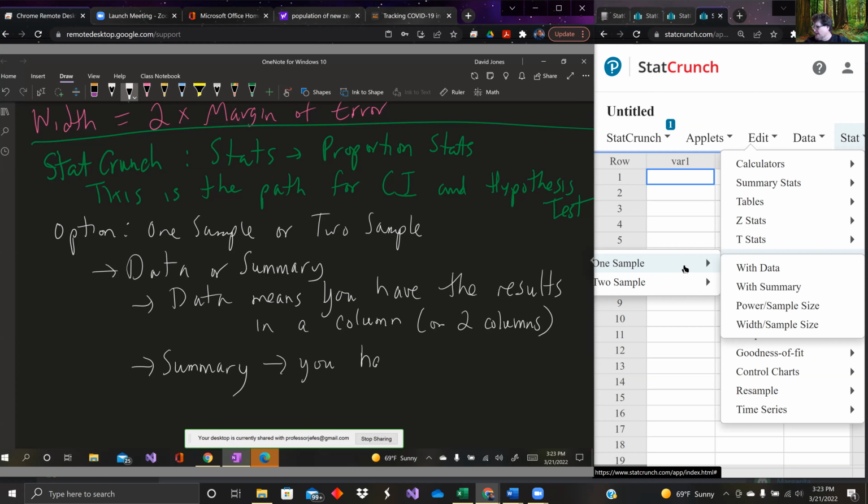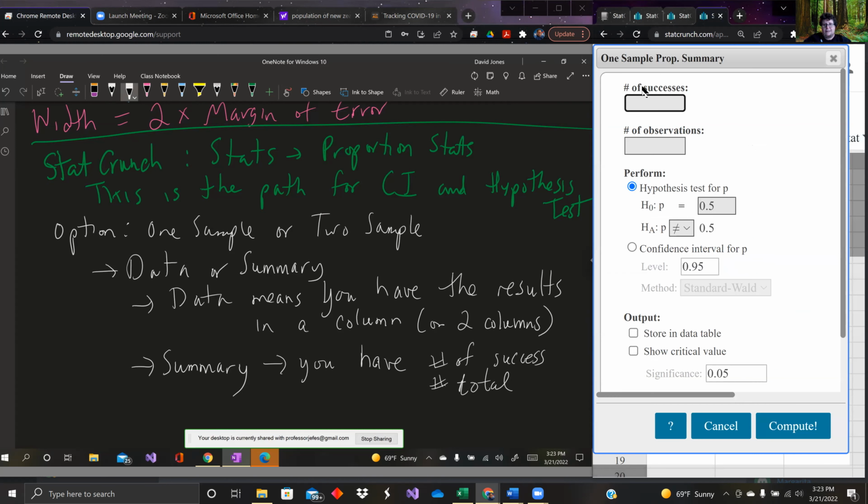Well, no, you generally have the number of successes and the number total. It asks you for successes and observations is total.